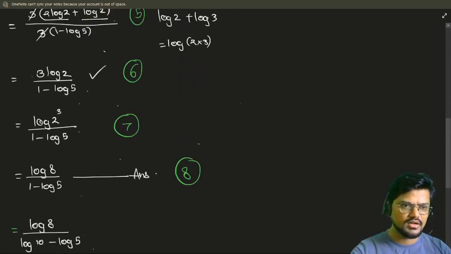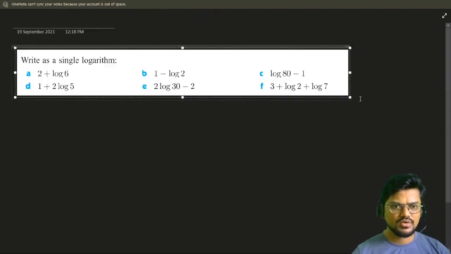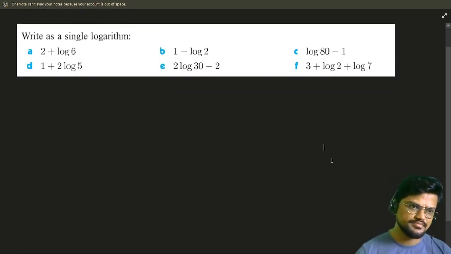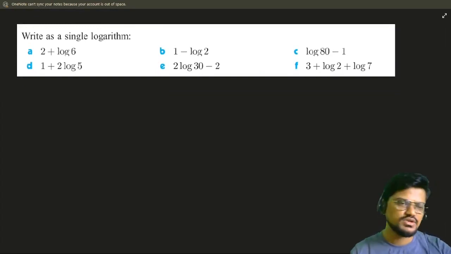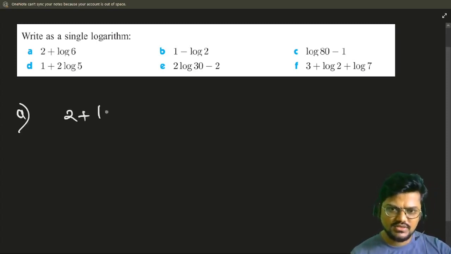Okay. Now I'll go to one more sum from the logarithm. Now they have asked to write in a single logarithmic form. In these questions they have asked to write as a single logarithm. Now if they ask you to write in a single logarithm, for the first one it is 2 plus log 6.